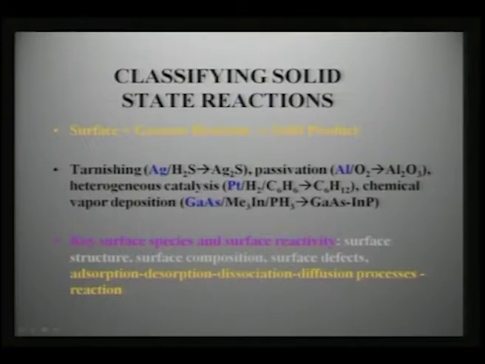We can also look at the conversion of benzene to cyclohexane as one of the heterogeneous catalyzed reactions, where hydrogen is adsorbed onto platinum and then it reacts with benzene to give C6H12, or there could be chemical vapor deposition where you can take gallium arsenide and pump in gaseous reactants to form gallium arsenide indium phosphide semiconductors.